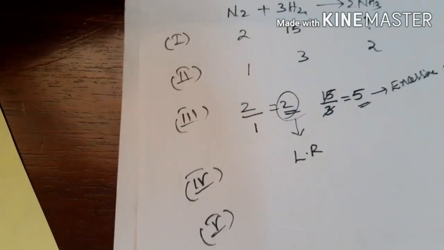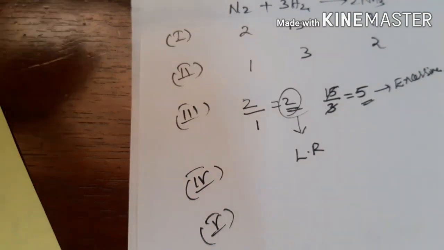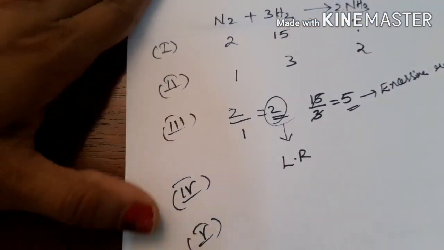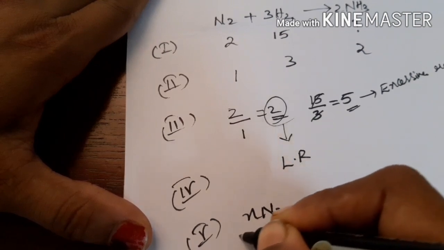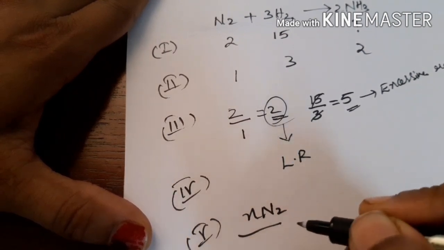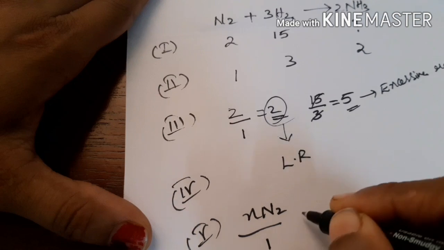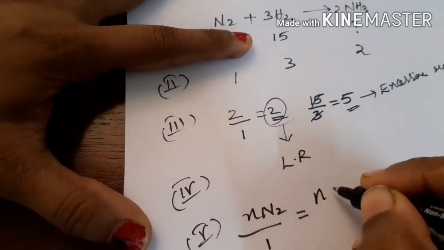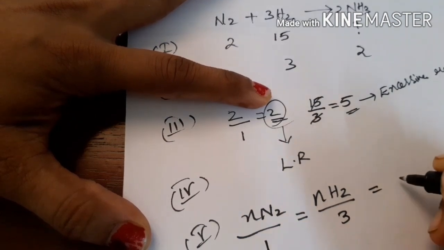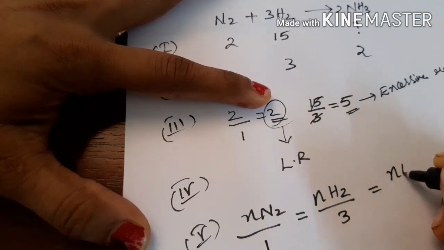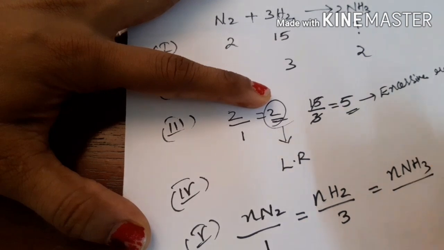What is the fifth trick? Mole-mole analysis. The fifth trick of limiting reagent is mole-mole analysis. We write number of moles of nitrogen by its stoichiometric coefficient 1, equal to number of moles of hydrogen by its stoichiometric coefficient, equal to number of moles of ammonia by its stoichiometric coefficient 2.